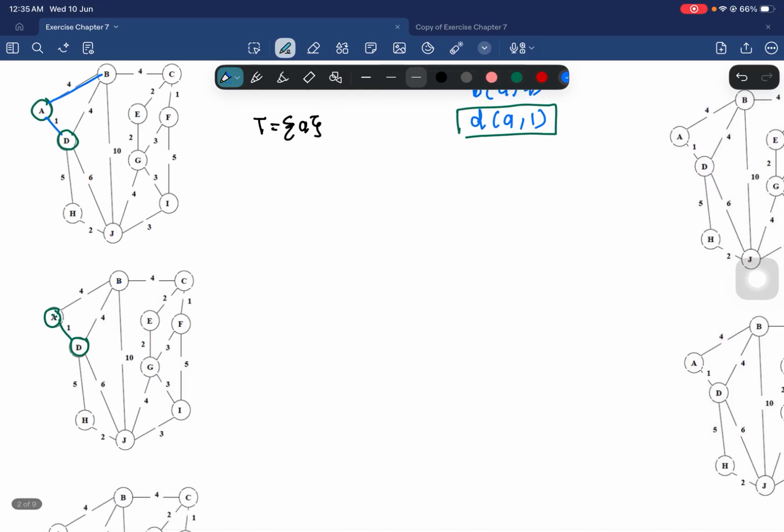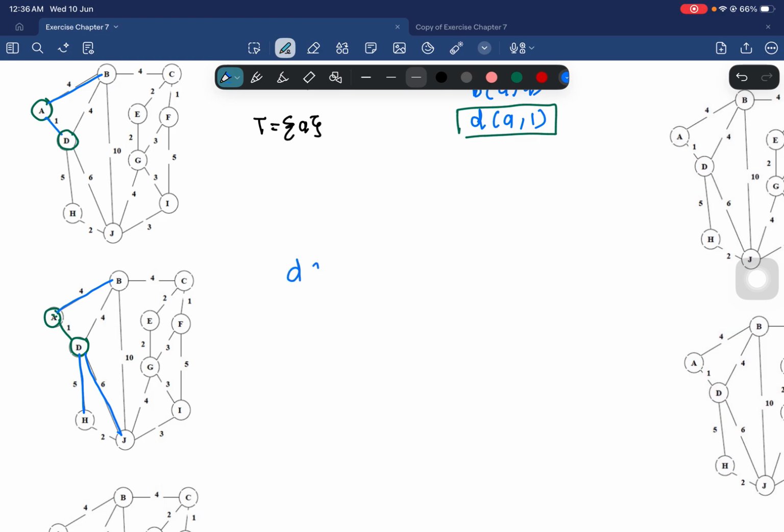We have B, either by A or D. It's the same distance, so we can choose either one. I will choose from A. And then we have H connected to D by 5, and J connected to D by 6. Right, so that's all. So we just list it here.